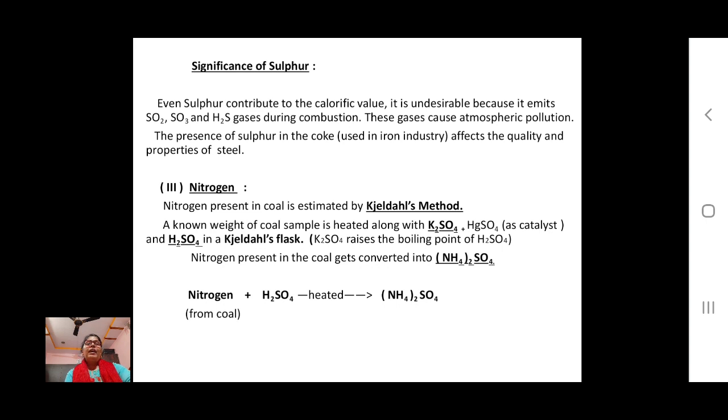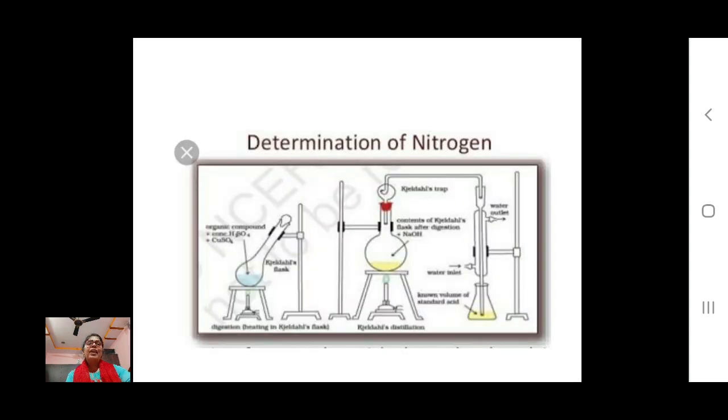Nitrogen present in the coal gets converted into ammonium sulfate, meaning the complete nitrogen is converted into ammonium sulfate. The reaction: nitrogen from coal plus sulfuric acid, heated, gives ammonium sulfate. This is the diagram.